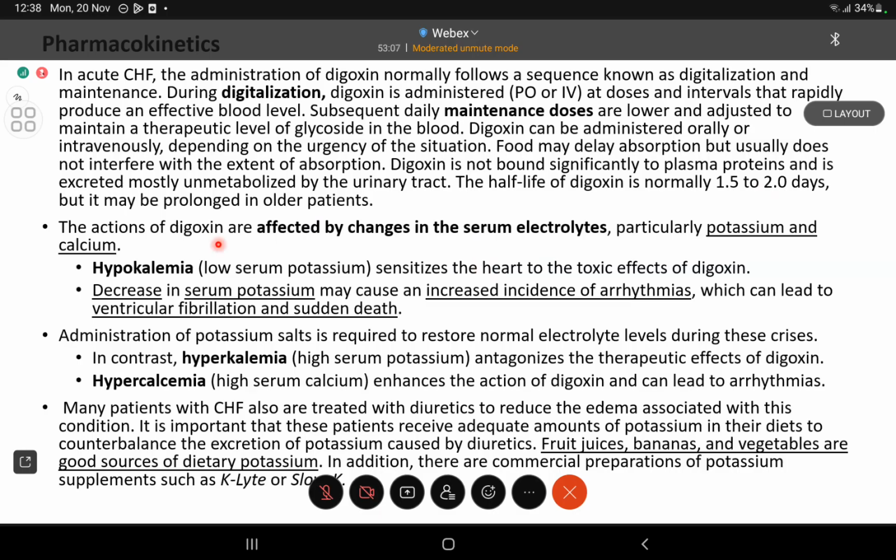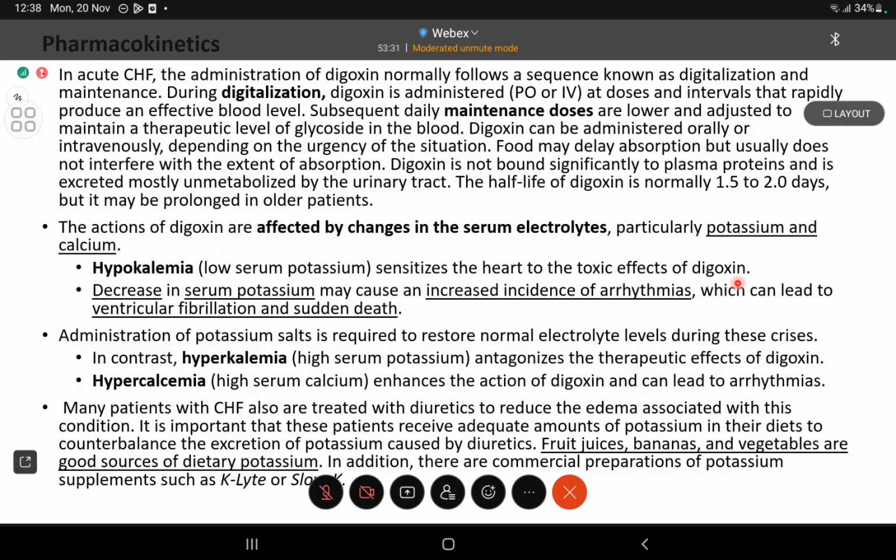Another thing you need to remember is that digoxin is affected by changes in the cellular electrolytes, particularly potassium and calcium. Okay, if you use digoxin with diuretics, which may cause hypokalemia, then this hypokalemia condition may sensitize the heart to the toxic effect of digoxin.